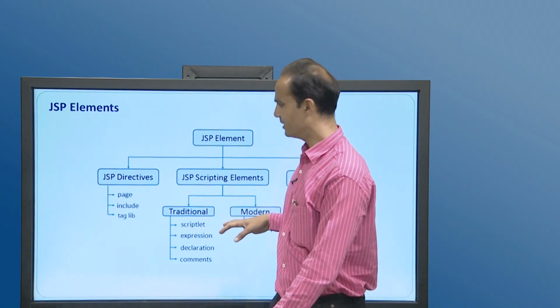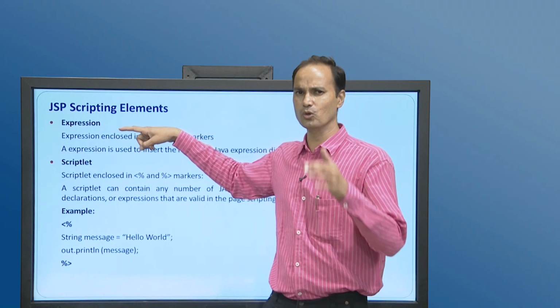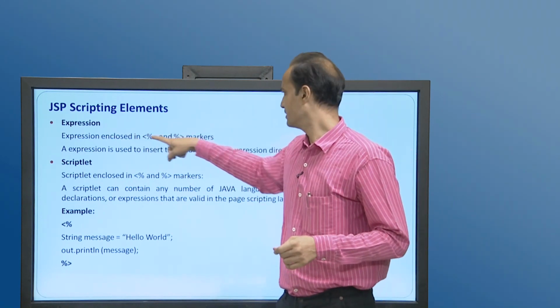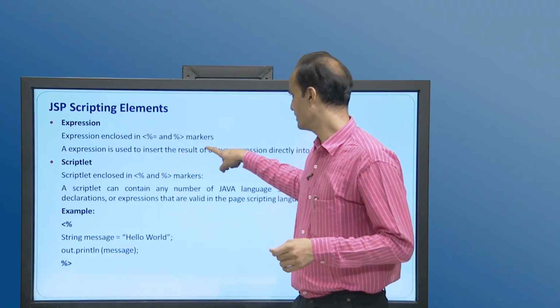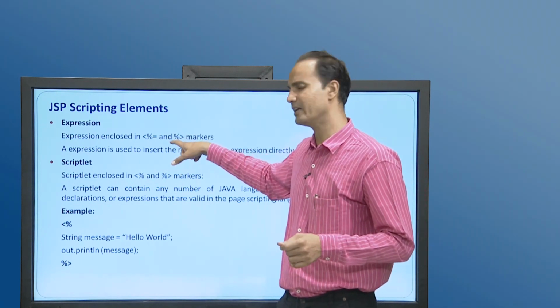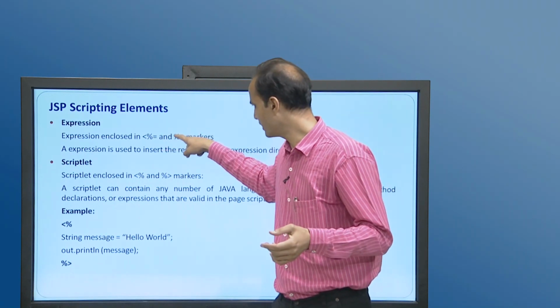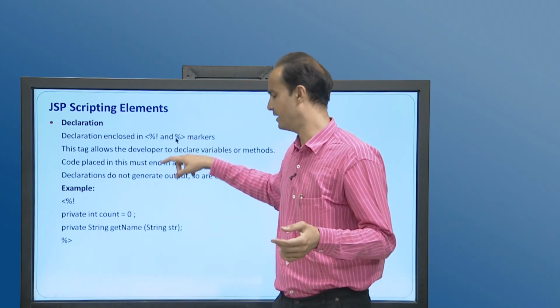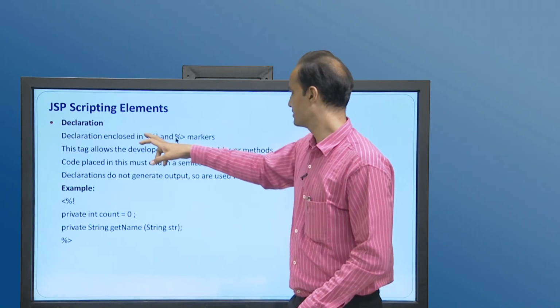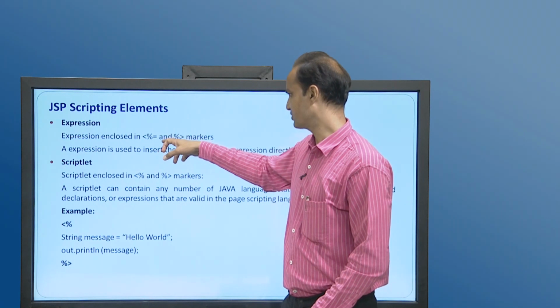As its name indicates, first comes the expression. An expression is helpful to insert the result or send the result back to the client. If you have any variable containing the response, you can put it here. The signature is less than sign, percentage, equal to.